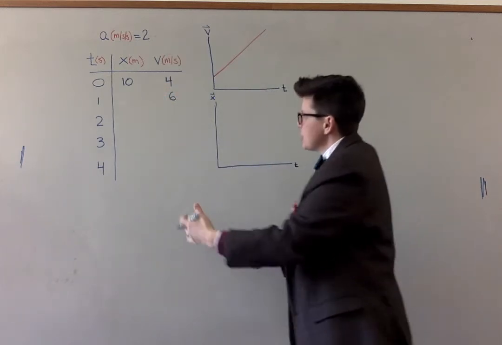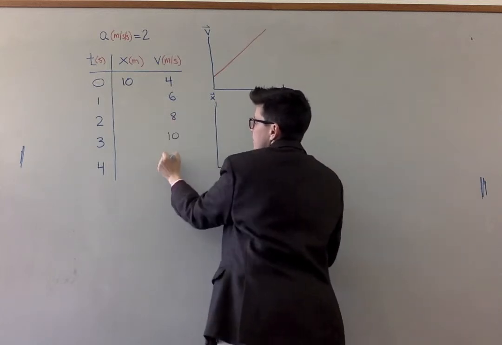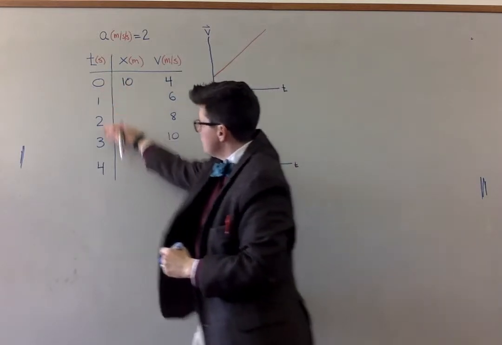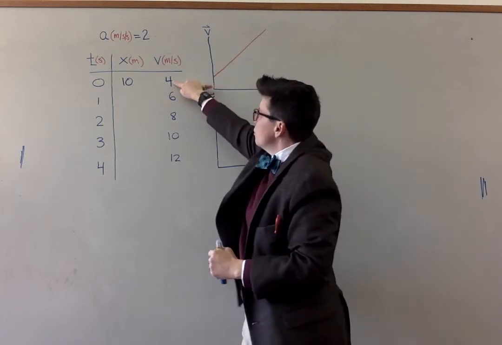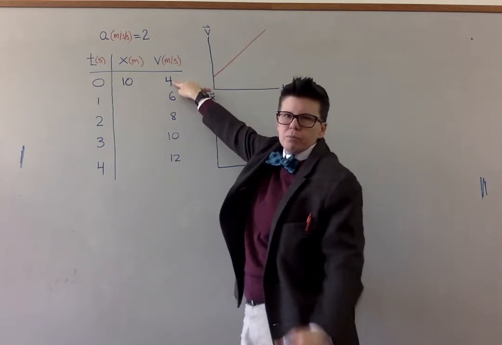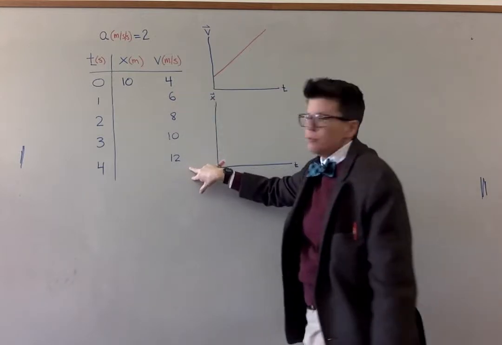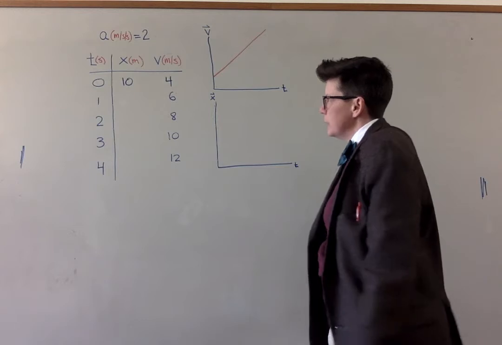And then another second later, I'm moving at 8. And so on. So when I plot velocity and time, I get a linear graph with a vertical intercept of 4 and a positive slope of 2. So that's the velocity graph that I previously sketched on here.